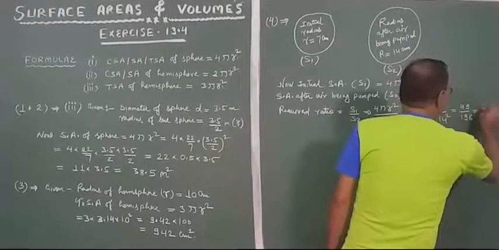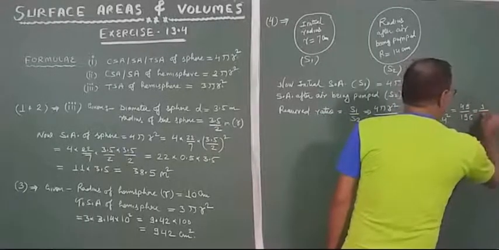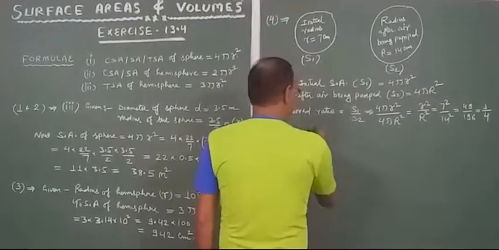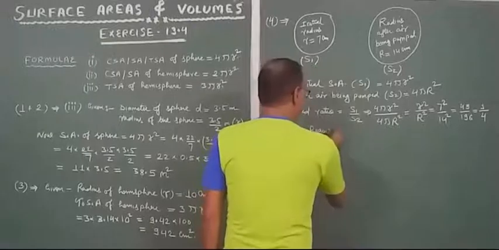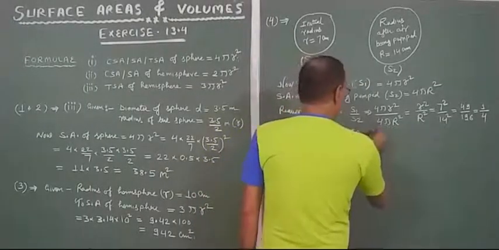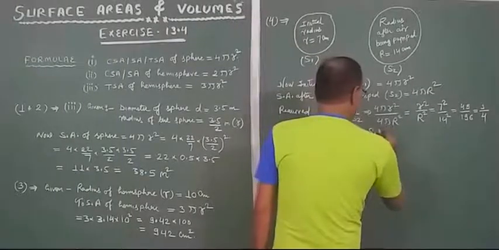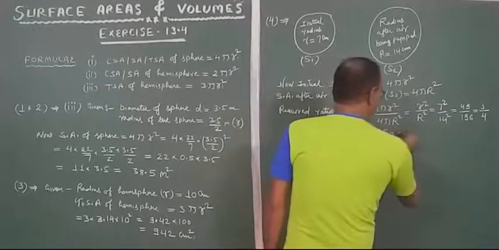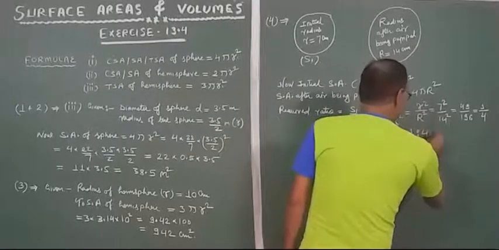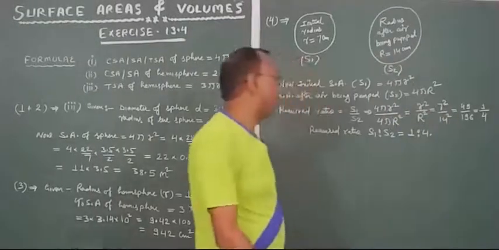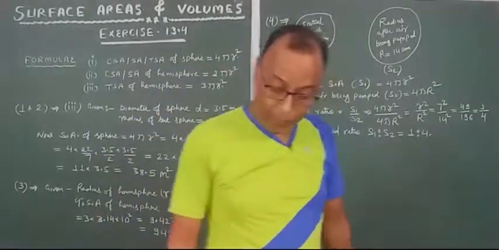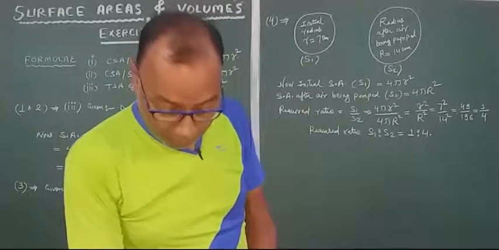When you divide, 49 one times is 1 and this is 4. Therefore the required ratio S1 to S2 will become 1:4. So the required ratio is 1:4.